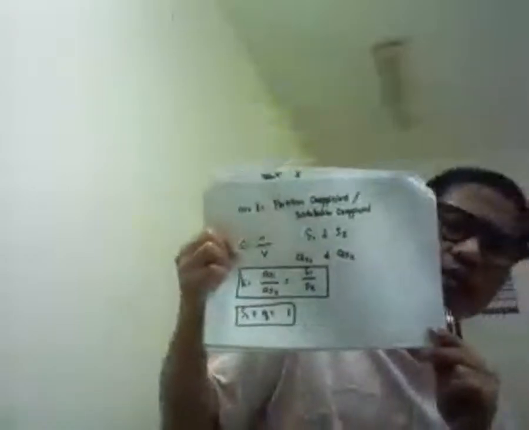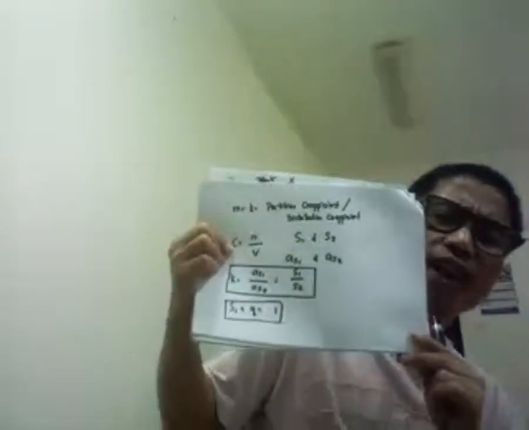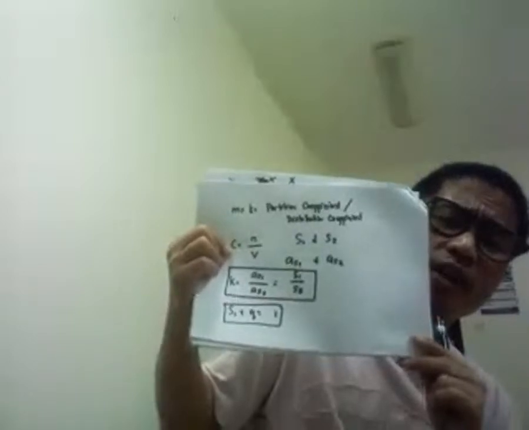So S1 plus Q is equal to 1, the solute in S1 plus the solute. If you solve for the value of S1, it's going to be 1 minus Q.